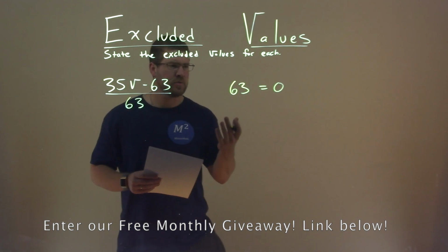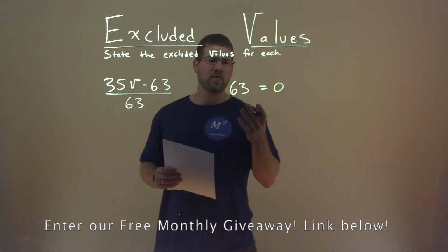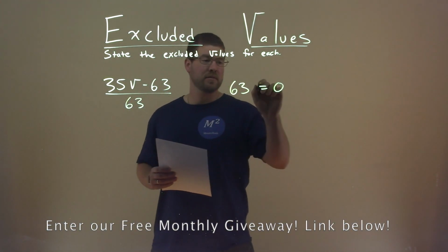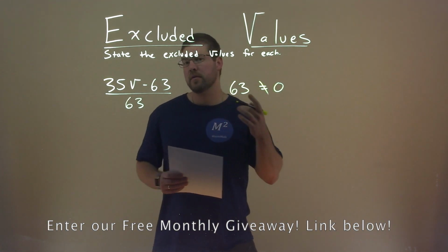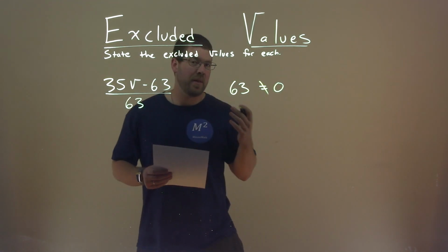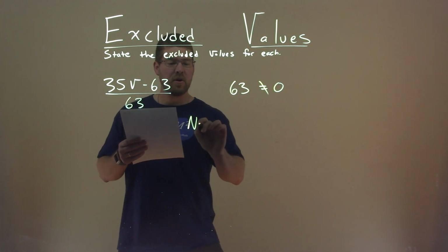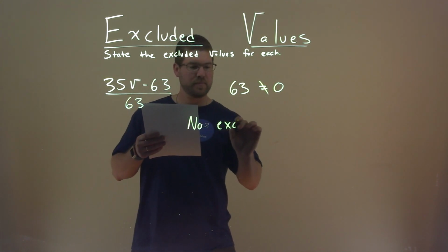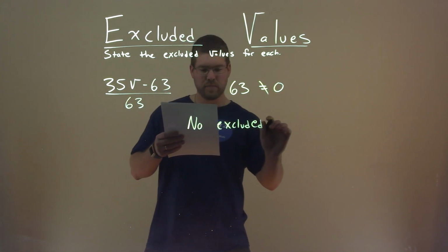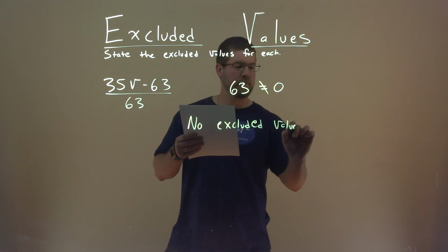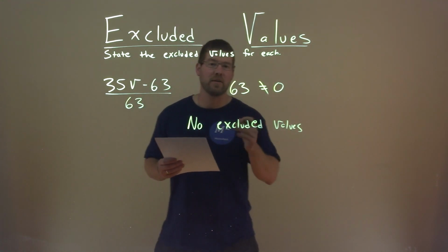But now we have an issue. There's no variable here. There's no way that this denominator can equal 0. So in that case, there are no excluded values. And so that is our final answer.